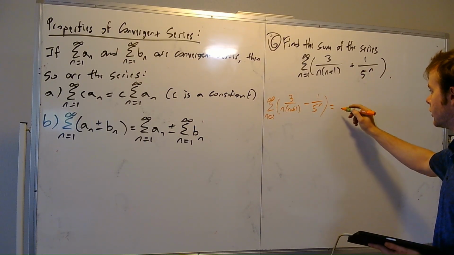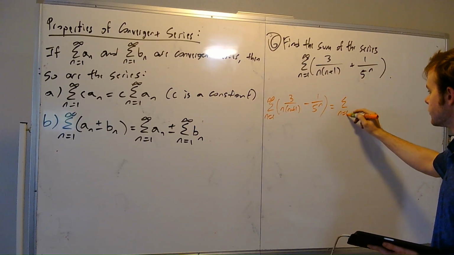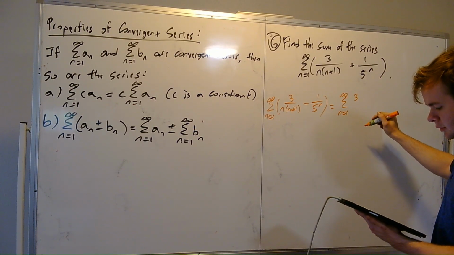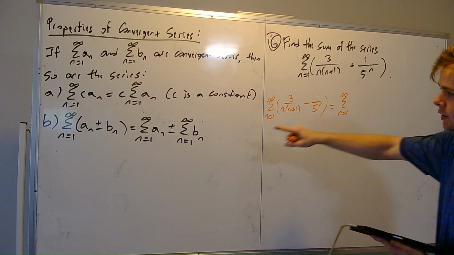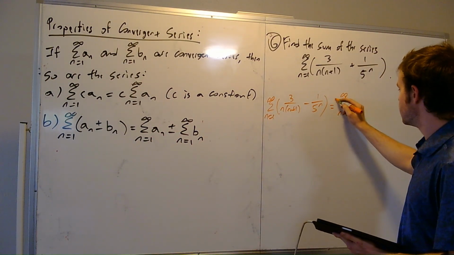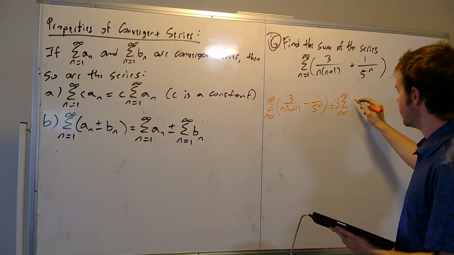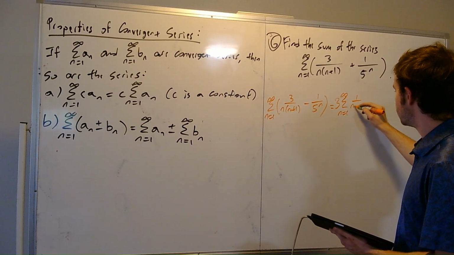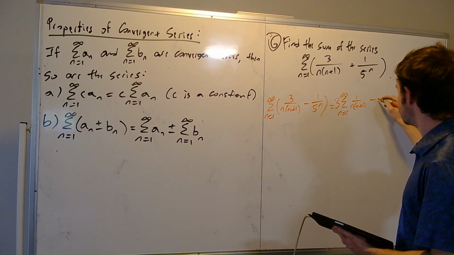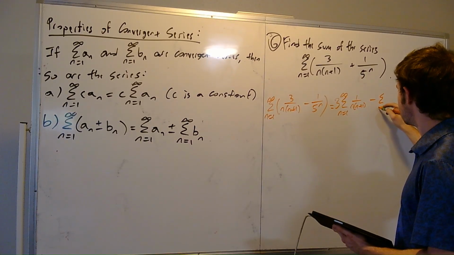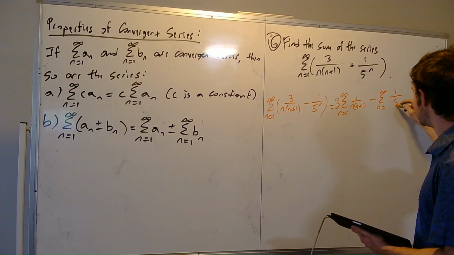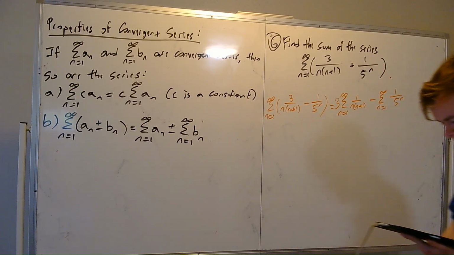So we can break that apart, and we can factor out constants, that's the other thing I meant to say. So we can factor out our 3, so it's 3 times the sum of 1 over n times n plus 1, minus the sum from n equals 1 to infinity of 1 over 5 to the power of n.